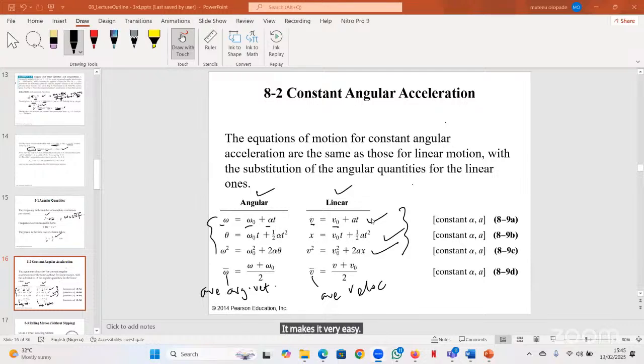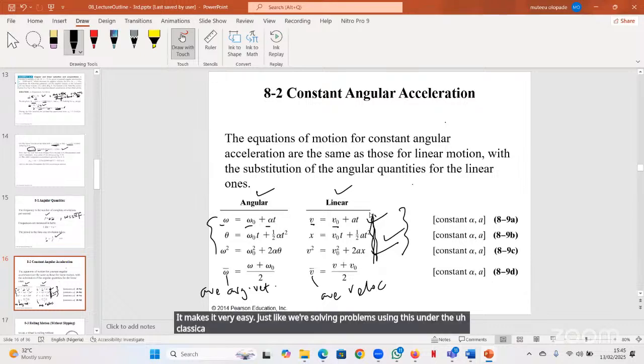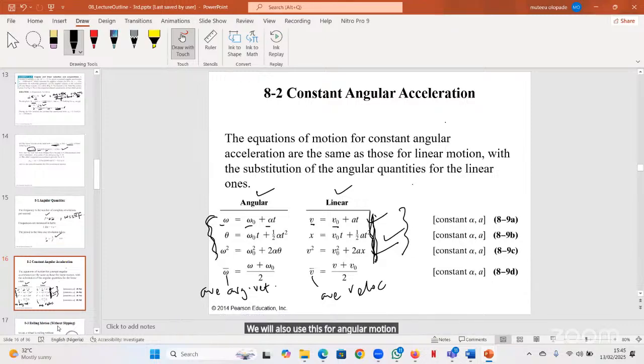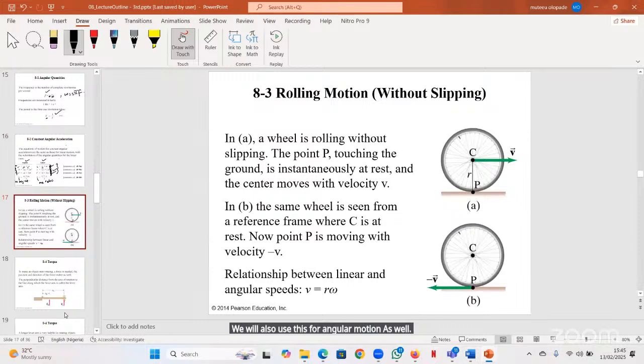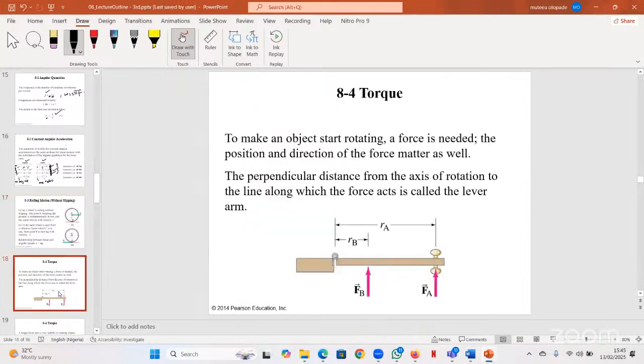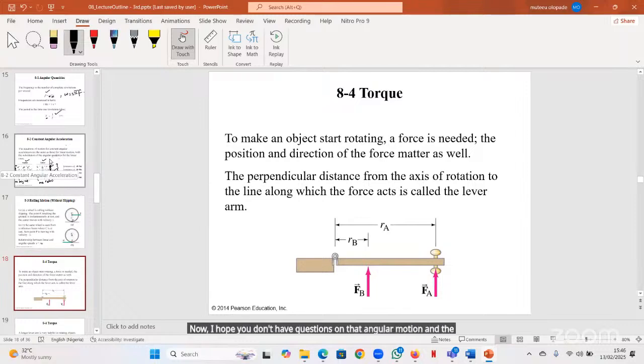Just like we solve problems using the equations of motion under Newton's motion, we'll also use these for angular motion. Now, I hope you don't have questions under angular motion and rotation.